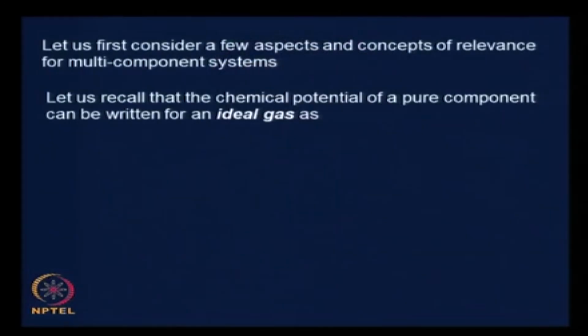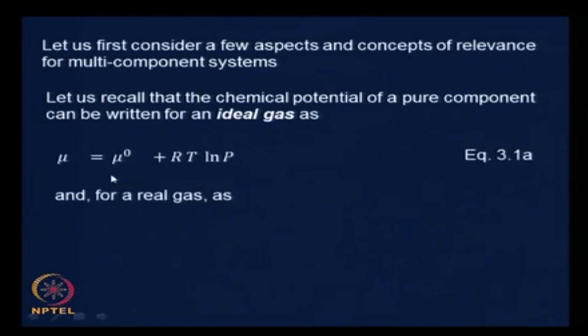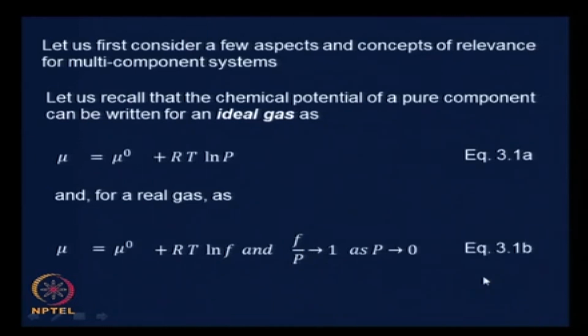For the ideal gas, mu equals mu naught plus RT ln P, where mu naught is a function of temperature alone. For the real gas, it becomes mu equals mu naught plus RT ln F, where F by P tends to 1 as P tends to 0.